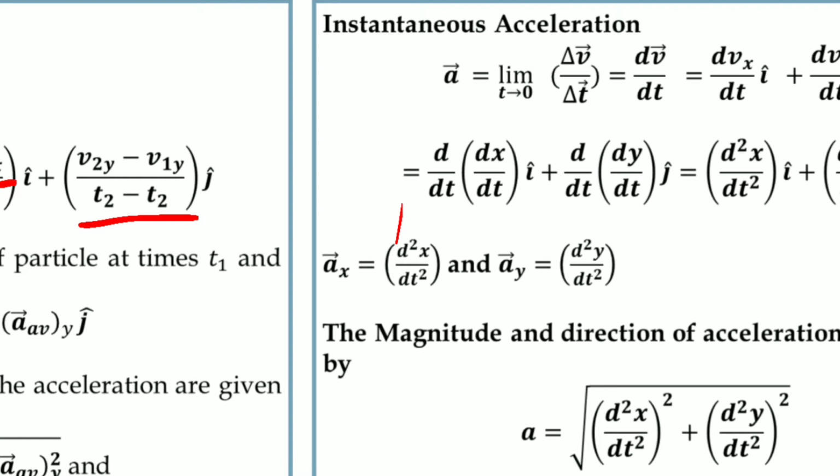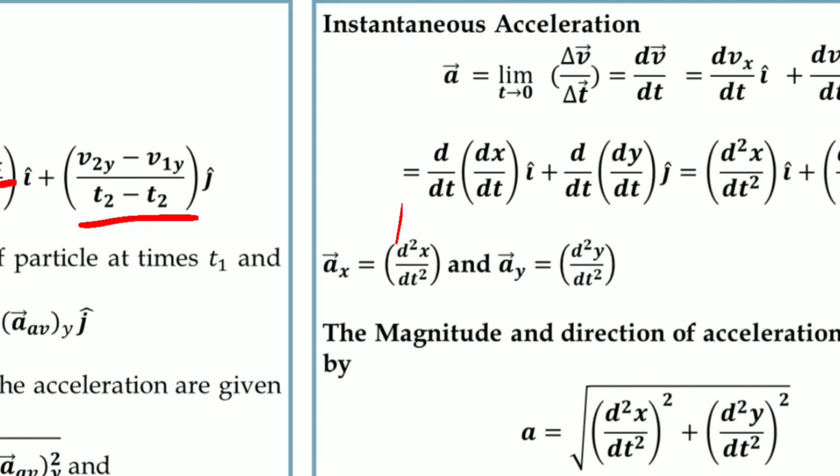Velocity is the rate of change of displacement per unit time, so we can write vx as dx by dt. Taking d by dt outside and putting the formula of vx, we get d by dt of dx by dt i cap plus d by dt of dy by dt j cap.